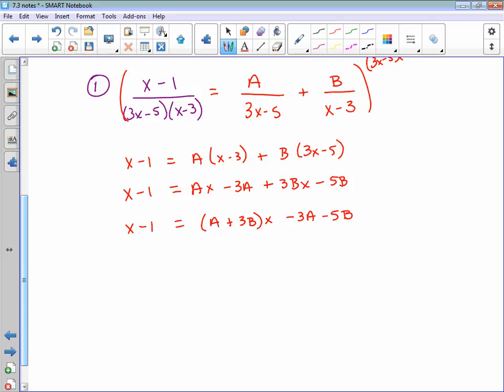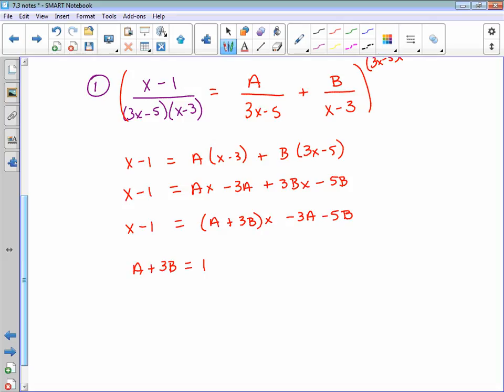Okay, so a plus 3b, that whole quantity, that's the coefficient on x, right? What is the coefficient on x on the left side? 1. So that means a plus 3b has to equal 1. You following me there? And then negative 3a minus 5b, those are just constants, right? Because a and b are just numbers.